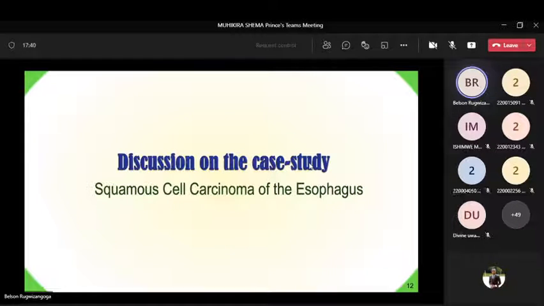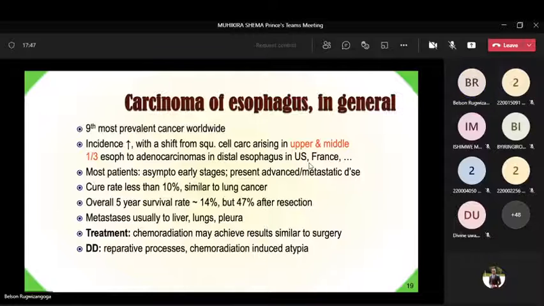So we discuss now this case. What is squamous cell carcinoma of the esophagus? First of all, it is the 9th most prevalent cancer worldwide. So meaning that it is a frequent cancer. The incidence is increasing with a shift from squamous cell carcinoma arising in the upper and the middle esophagus to adenocarcinoma in the distal esophagus, such as in the US and France and so on.